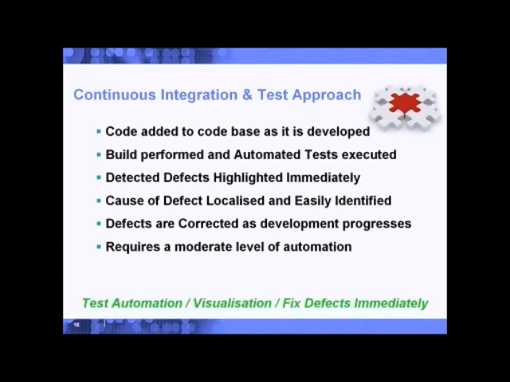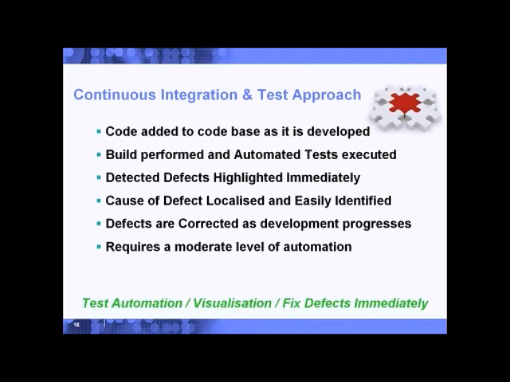So these could be unit tests being reused, perhaps. They could also be functional tests, maybe even some performance tests put into the system to run against the code. So the benefit of this is that as we start to submit code into the code base to build the system, we highlight defects straight away.